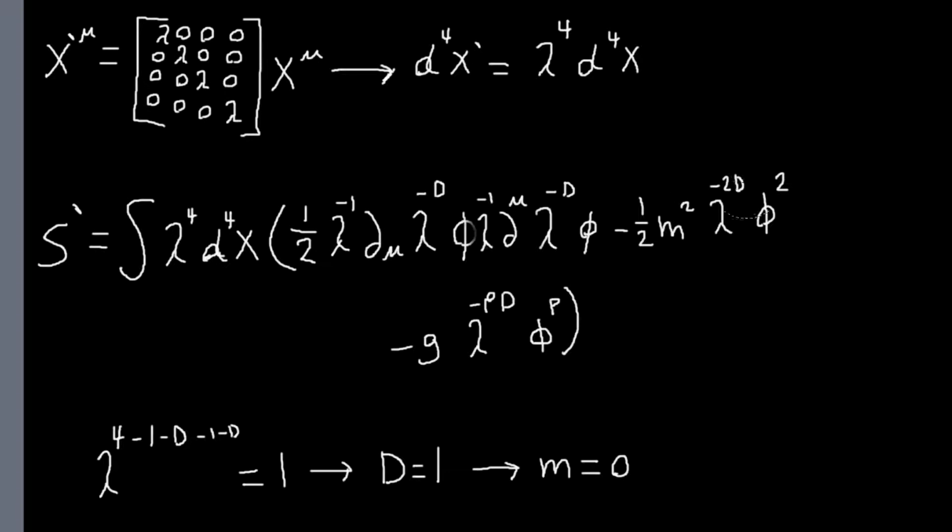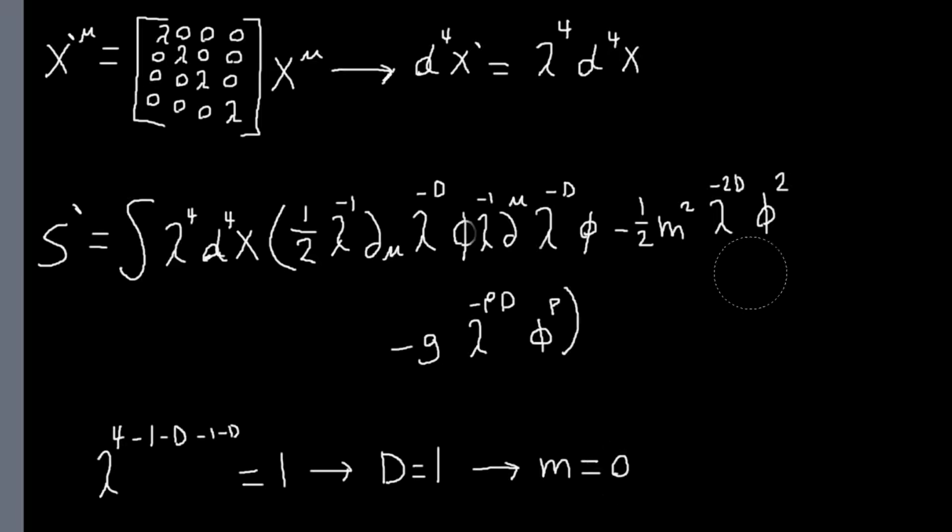So d has to be 1, and then our second term here will have a lambda to the -2, and after multiplying by this lambda to the 4th, it'll have a lambda squared. So there's no way to make this term invariant unless m is just equal to 0. Then it won't matter what lambda is.